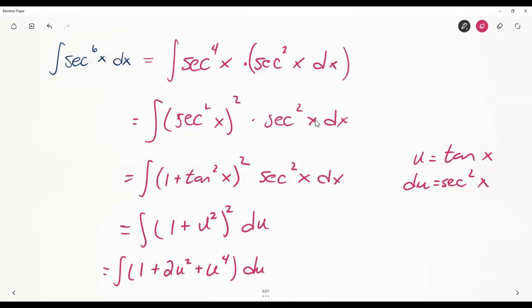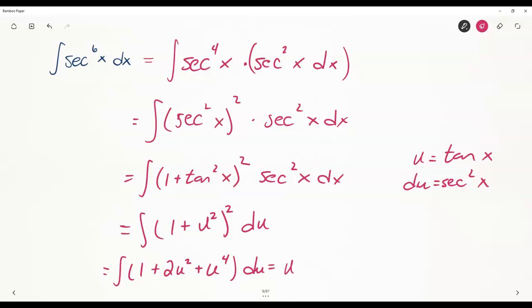Now that it is a polynomial written out as such, term by term, integrate by raising the power by 1, divide by the new power. So looking at this integral right here, what is its antiderivative? It doesn't matter what order you do it in.